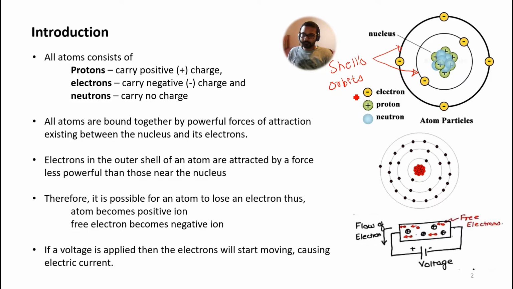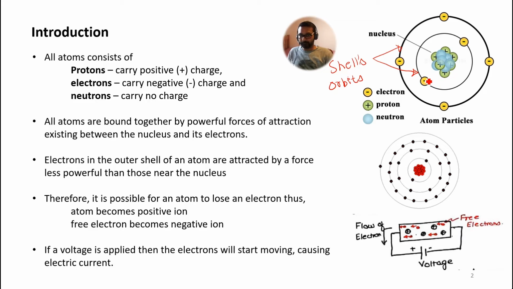Now for a stable atom, the number of electrons and the number of protons are equal. So you have some positive charge in the center, and some negative charges revolving around this positive charge.